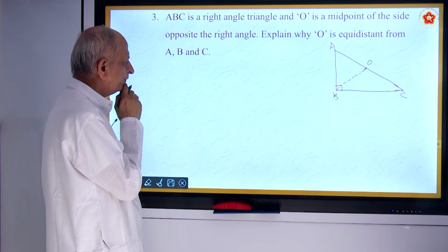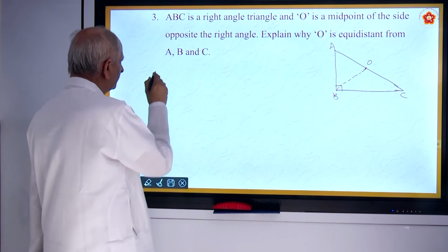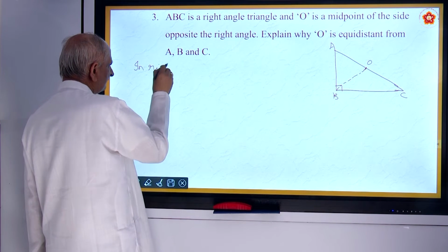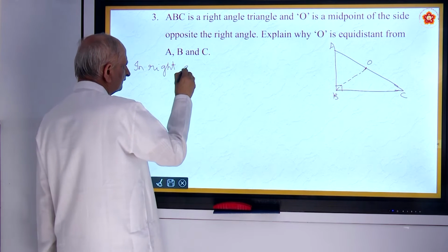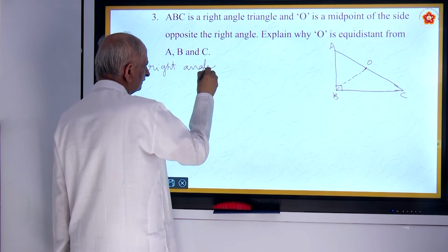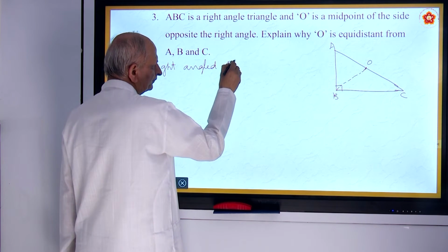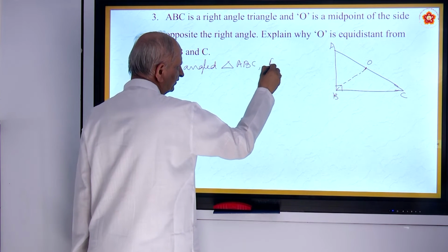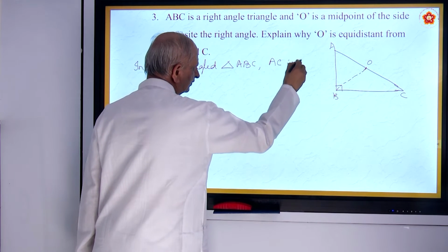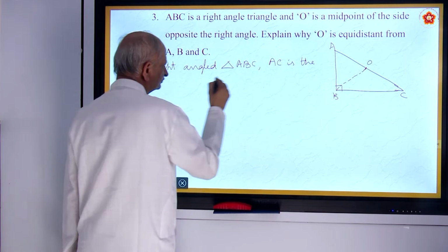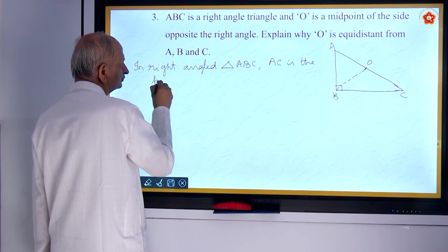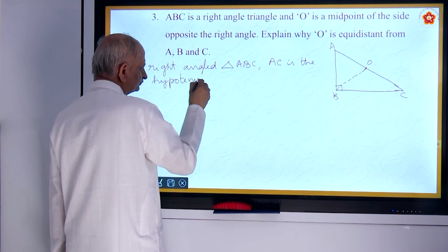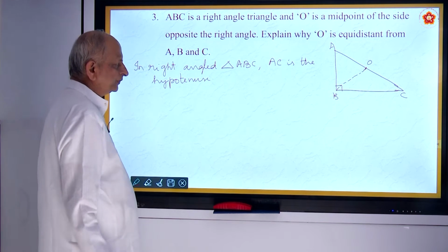If we join OB, so in right angle triangle ABC, AC is the hypotenuse. Correct?